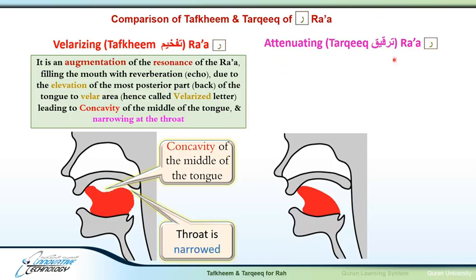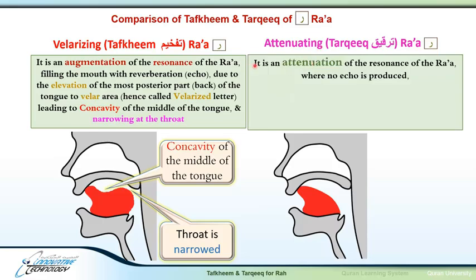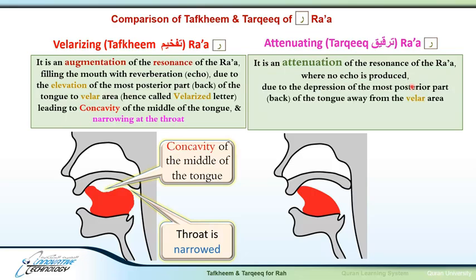If we look at attenuation now, we'll find that it is the exact opposite of velarization, where there is an attenuation of the resonance of the Ra, leading to no echo being produced due to the depression of the most posterior part of the tongue. The back of the tongue is depressed, going down, rather than being elevated as it was in velarization.